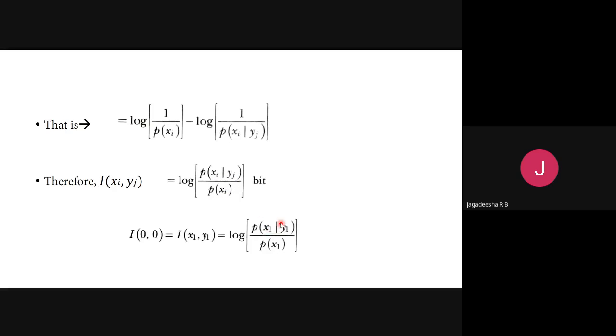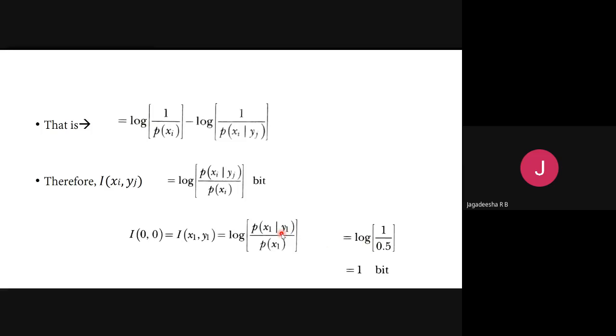So this probability divided by this probability gives us the information I(x1,y1). So that is equal to log of 1, because we know these values from this matrix, right? The matrix gives us this value, divided by P(x1). P(x1) is what? That is 0.5, given in the input.